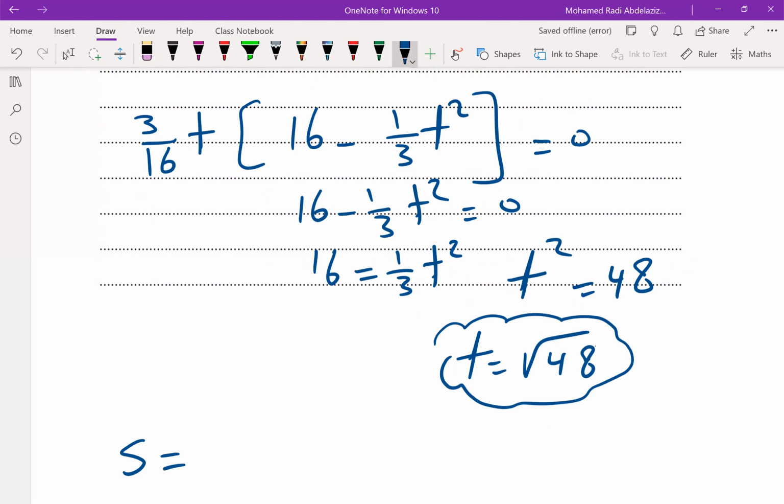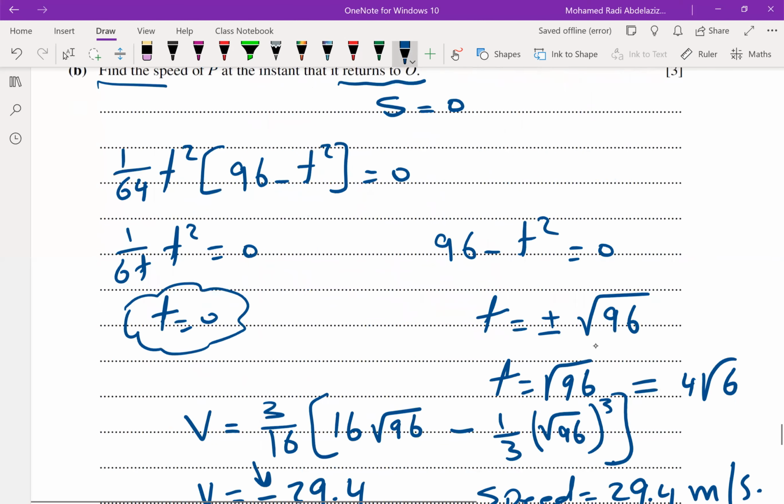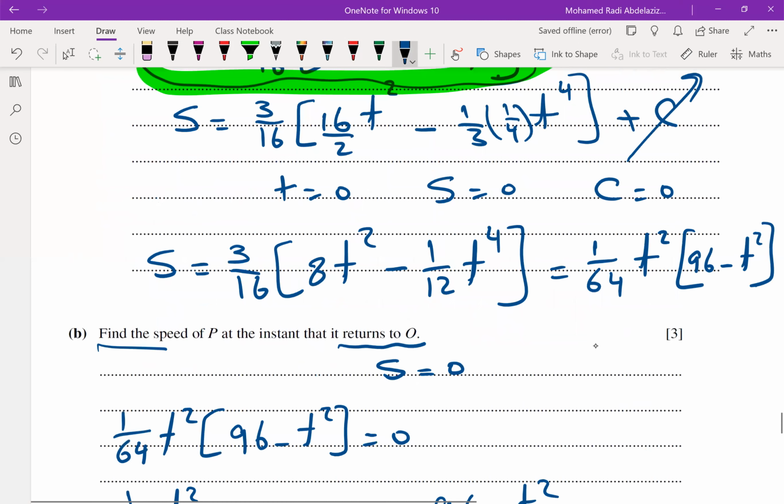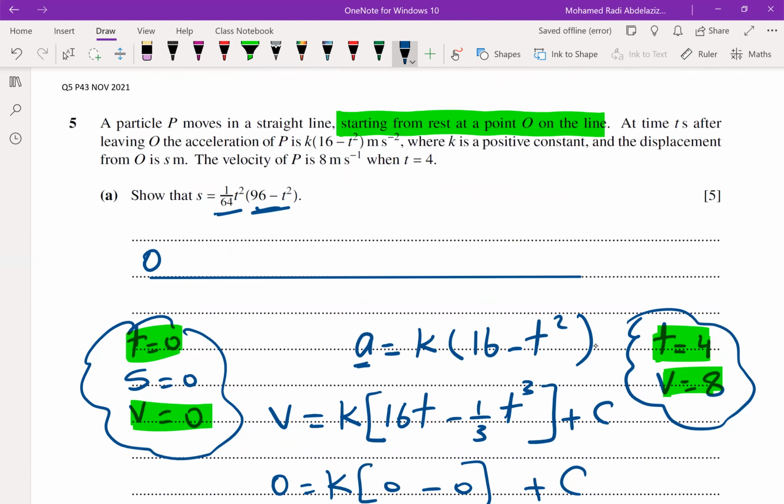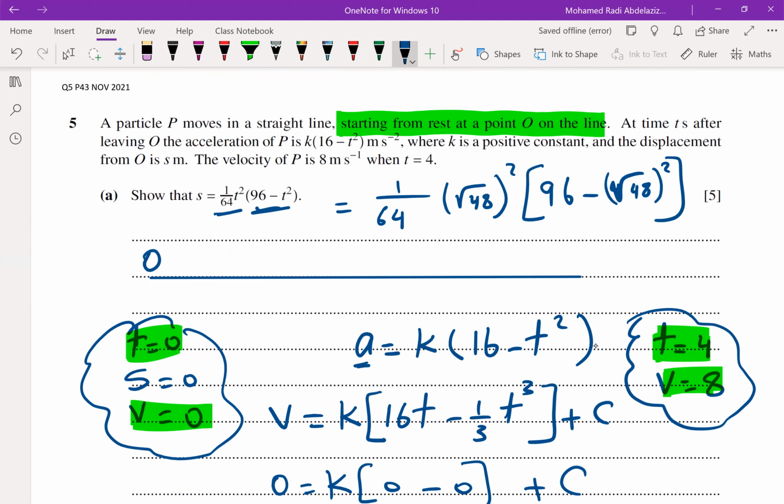Now we'll calculate the value of the displacement. We can substitute in the expression which is given above, the show-that expression, when he asks to get the value. If we substitute in this expression, 1/64, and t is square root of 48 squared, then 96 minus root of 48 squared.